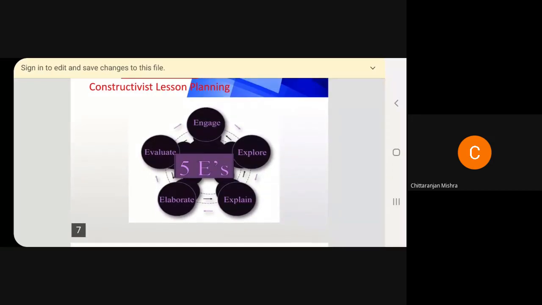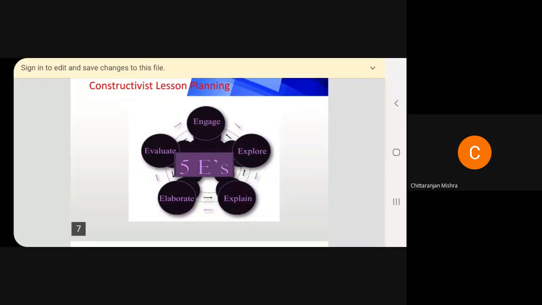The content of the French Revolution has been given very nicely, and after that the lesson plan has been prepared in a 5E model, in a constructivist approach, and there you can see how the teacher has engaged the students.